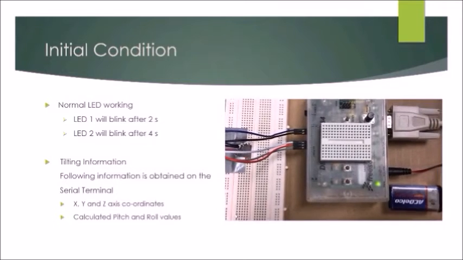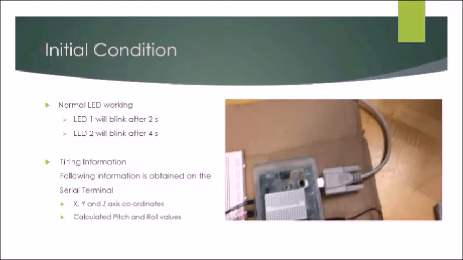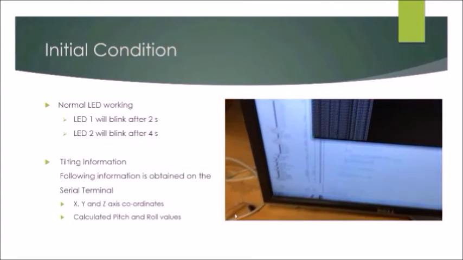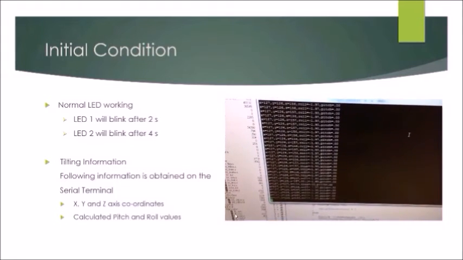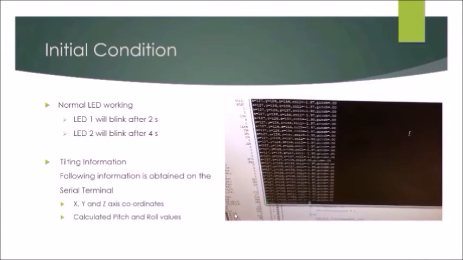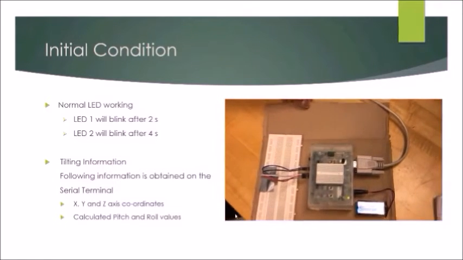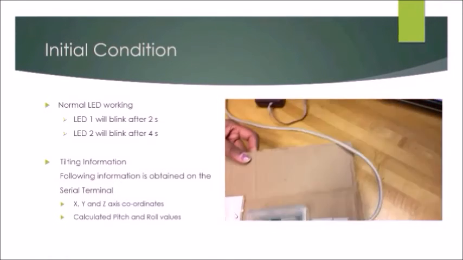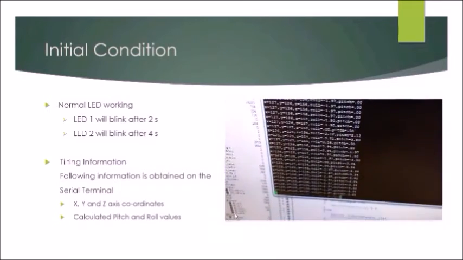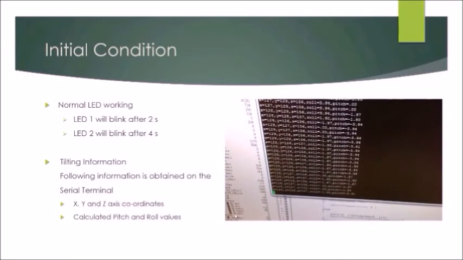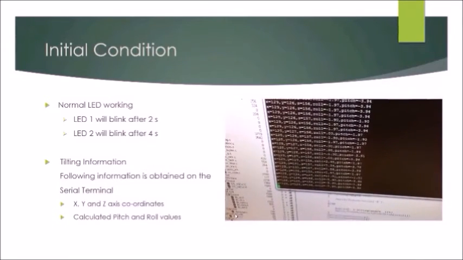The outputs for tilting information, that is the x, y, z coordinate values and pitch and roll values, are sent on the serial terminal. When we change the position of the board, the values of the tilting information change, and we can see that in this terminal output.